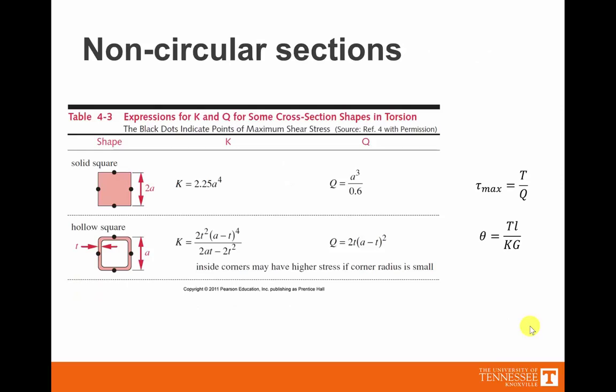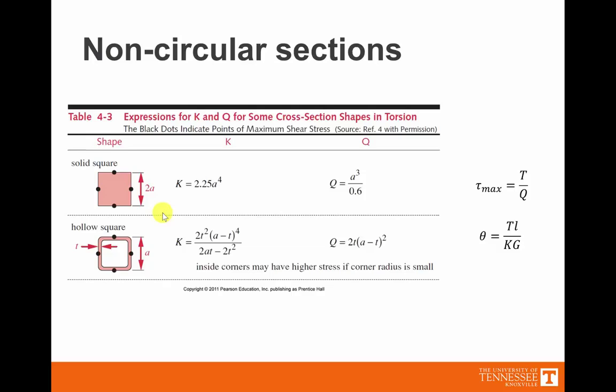So what happens if this section is not circular? It's not as easy to calculate, but at the end of the day, some equations have been produced that say that the maximum shear is again occurring somewhere on the outside edge, and it's going to have the value of T over Q, where Q is equal to this formula. These are a couple out of Norton's machine design book.